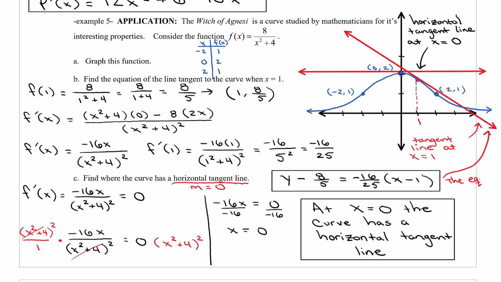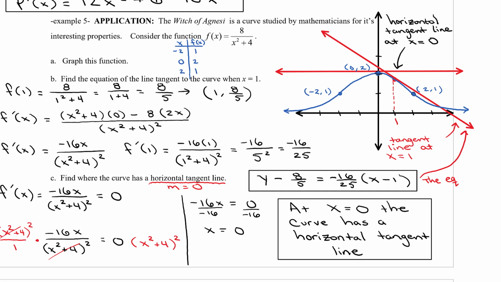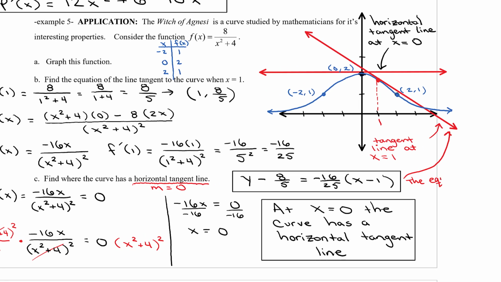And I'm writing next to that equation, the equation to this line. I am labeling the ordered pair at x equal to 1 with 1, 8/5.